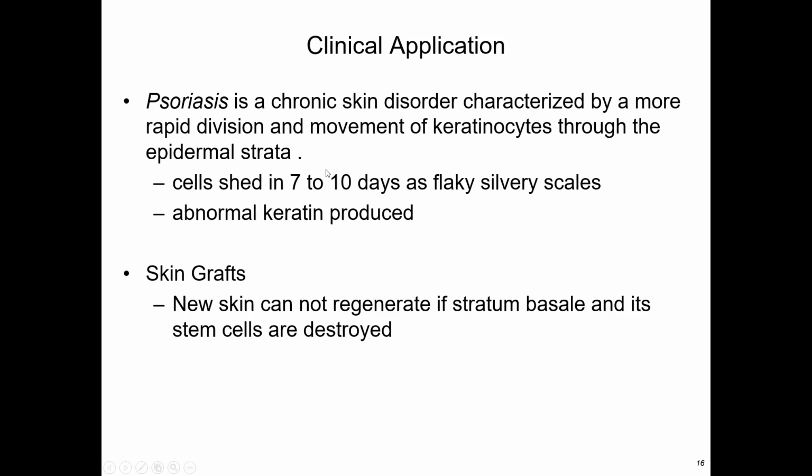Another clinical application here is psoriasis. In psoriasis, this escalator that goes from stratum basale cells to stratum corneum cells speeds up, and it's shortened to 7 to 10 days. An abnormal keratin is made, and the stratum corneum cells hold onto each other a lot stronger through the desmosomes.